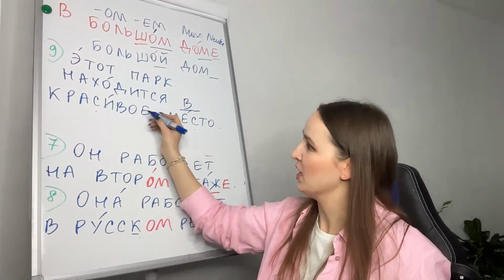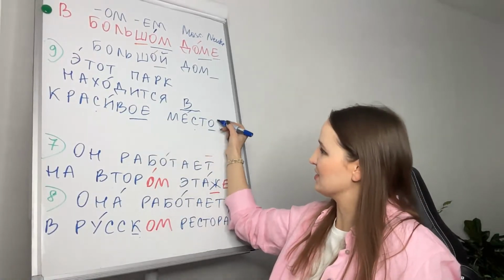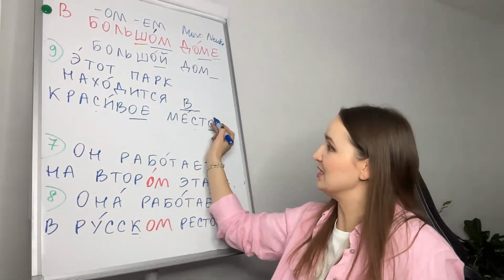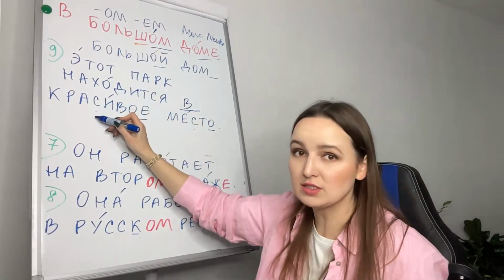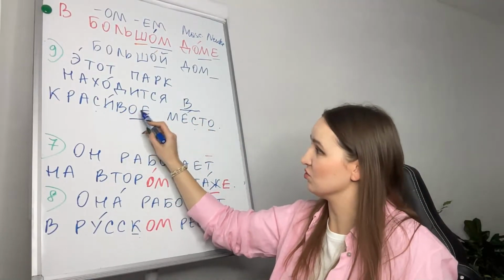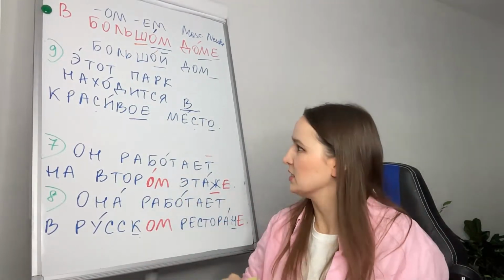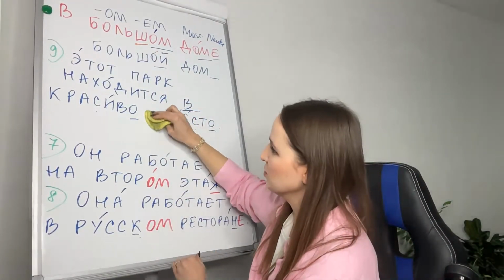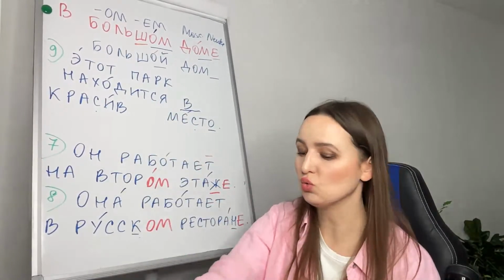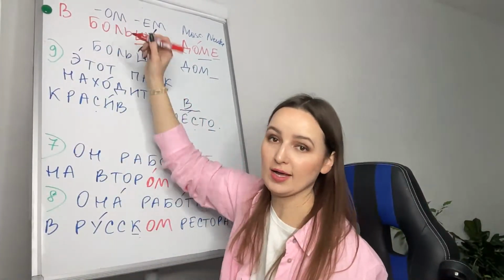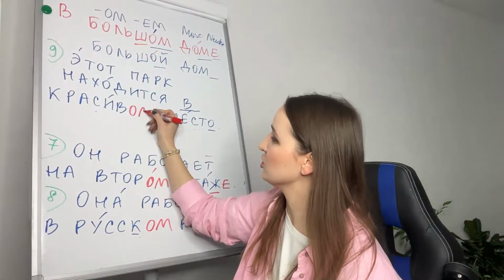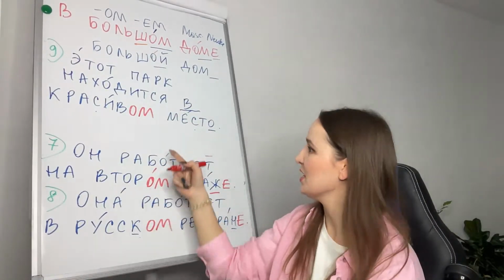Красивое место. It's neuter because место ends in o. That means this noun is neuter, and of course the adjective related to this noun will be neuter too. Красивое место. For neuter nouns, the ending ое is replaced with ом to make it prepositional: красивом.